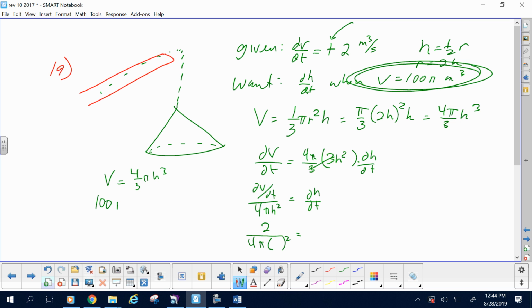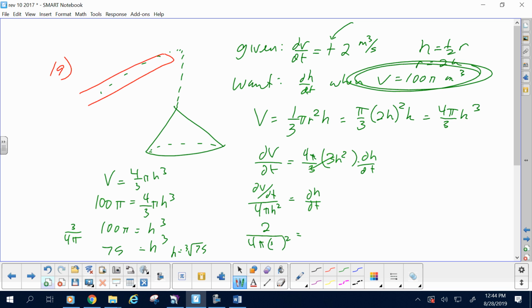Are you going okay? I want to find what's the h at the instant they request. And the instant they request is giving me the volume. So I need to find what h is. So if I solve this, it would be 100 pi times the reciprocal, so 3 over 4 pi. So with a little whoosh, whoosh, I get the height cubed is 75. So the height is the cube root of 75.